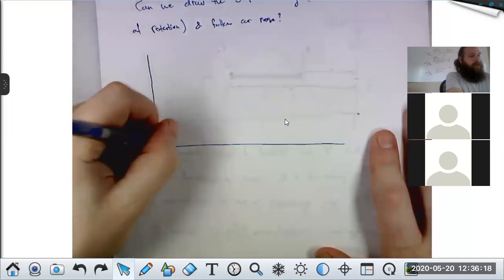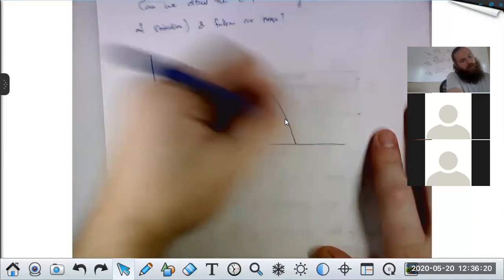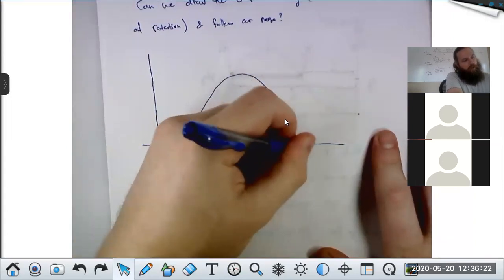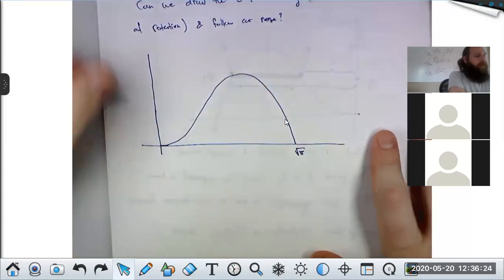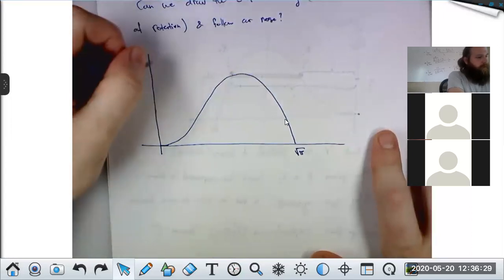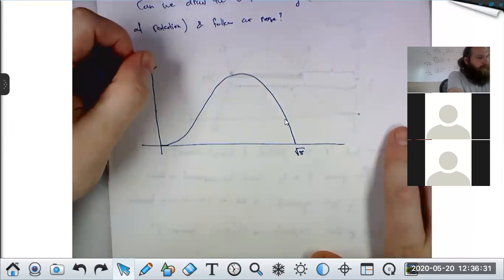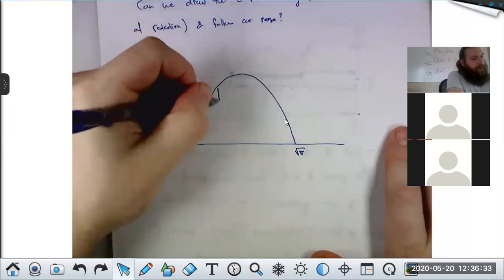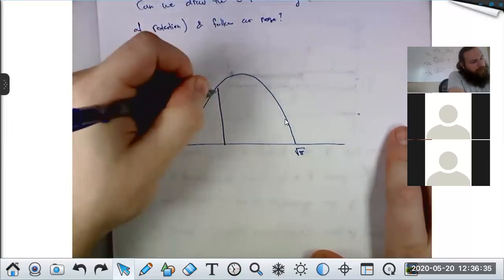So here's that same curve. Here's my axis of rotation. Wait, what was my axis of rotation? It was the y-axis, right? And now I'm going to draw my strip parallel to the axis of rotation.